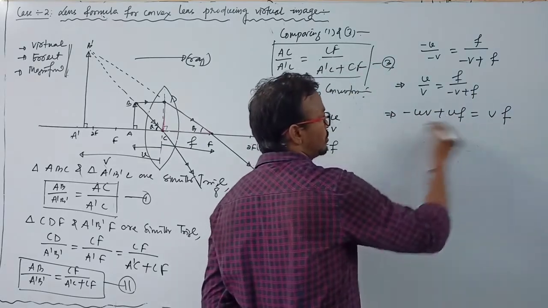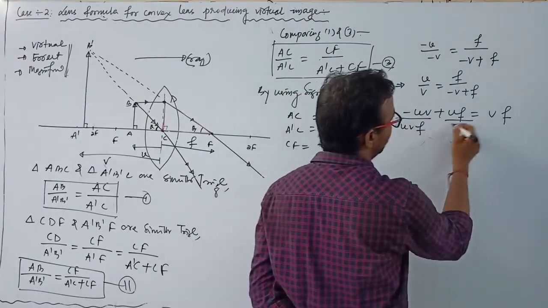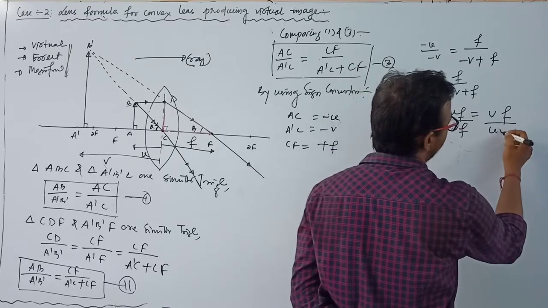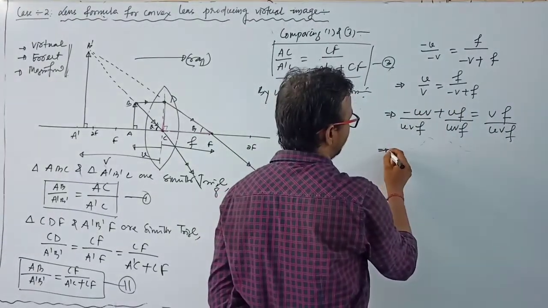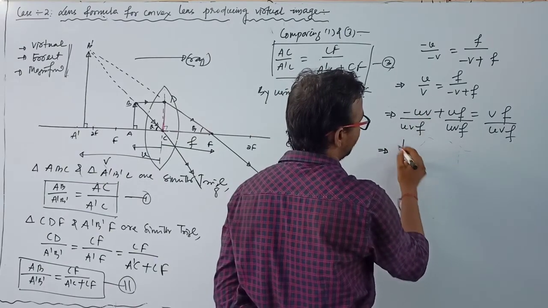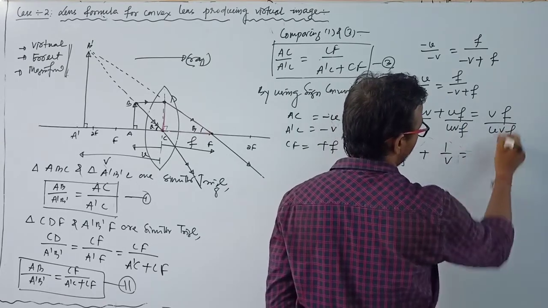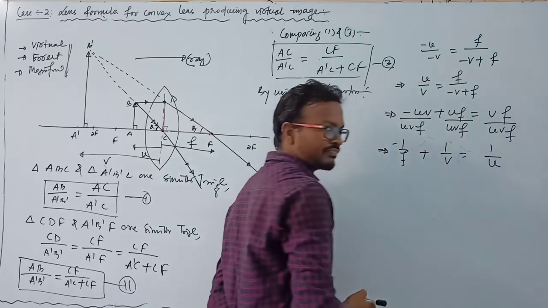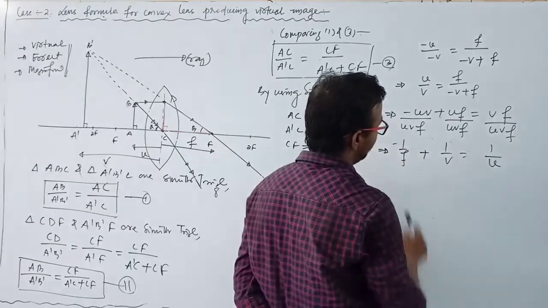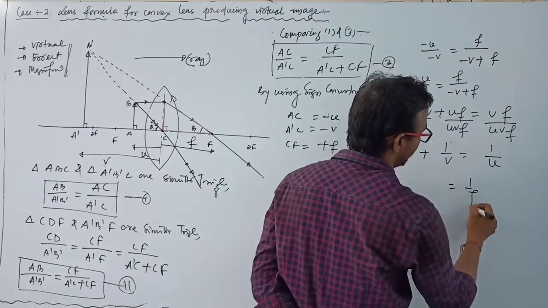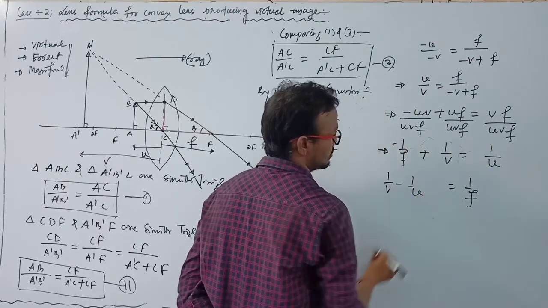Now dividing both sides by uvf, uv cancels, and the remaining term is minus 1 by f, plus uf cancels, 1 by v equals 1 by u. Clear? If we take this term to the right hand side, it becomes positive, so 1 by f. If we take this term to the left hand side, 1 by v minus 1 by u.